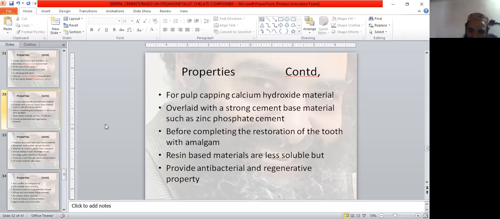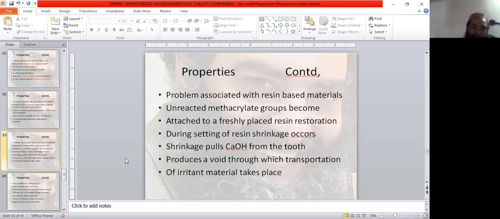Resin-based materials are less soluble but provide antibacterial and regenerative property. Resin-based materials here mean resin-based calcium hydroxide materials. Now, the problem associated with resin-based materials is that the monomer, the unreacted methyl methacrylate group, is always there.